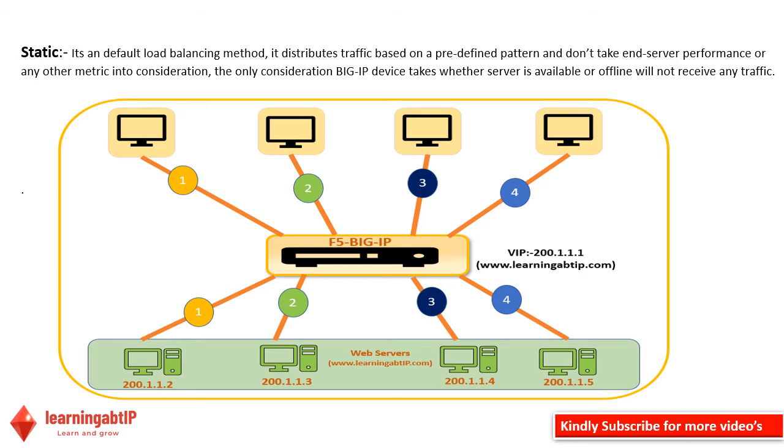The only consideration the Big IP device takes is whether the server is available or offline; an offline server will not receive any traffic. In the static load balancing method, we have two methods: one is round robin and the second is ratio, which we will be covering later. So now let's see the second load balancing method.